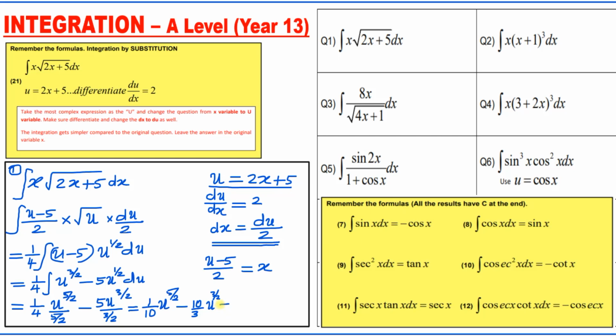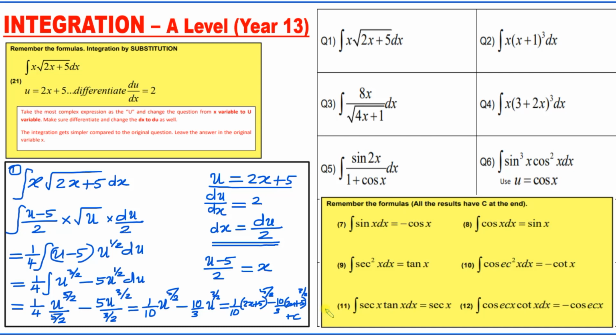So for the final answer, you leave it in x format, which is 1/10. What is u? u is 2x plus 5, to the power 5 over 2, minus 10 over 3 times 2x plus 5 to the power 3 over 2, and of course there's a plus c, and that is the answer.